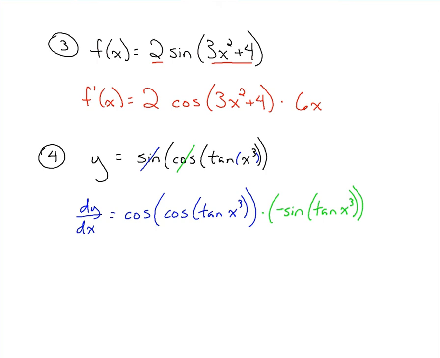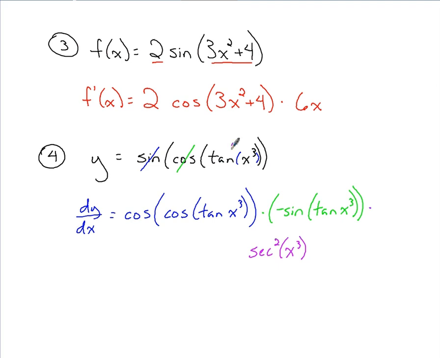But there's more. There's this tangent of x cubed that I haven't taken the derivative of. So if I tack this on, take your derivative for tangent. Derivative for tangent, secant squared. And x cubed was plugged into that tangent function, so x cubed needs to remain there, unchanged, because I'm only taking the derivative with regards to that tangent, the outermost function for this part.